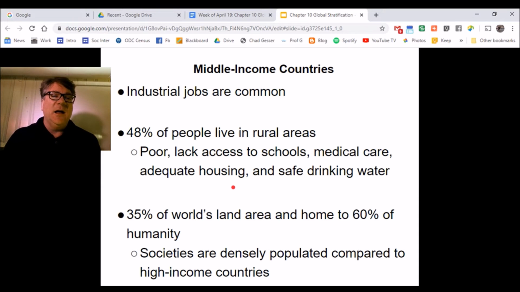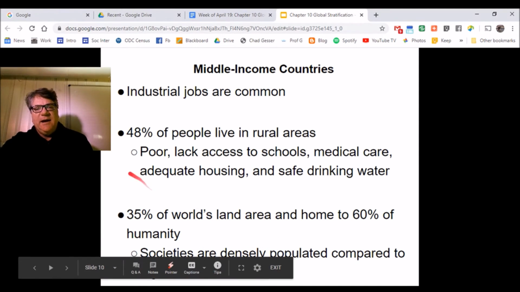This is why when a pandemic hits, middle income societies and low income societies are really the most vulnerable, because they don't have the type of medical care, health care system that more developed countries have. And so more people die as a result of that.